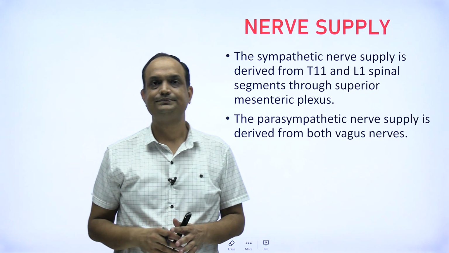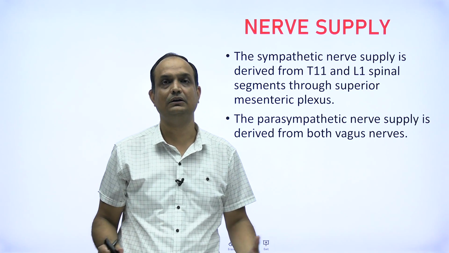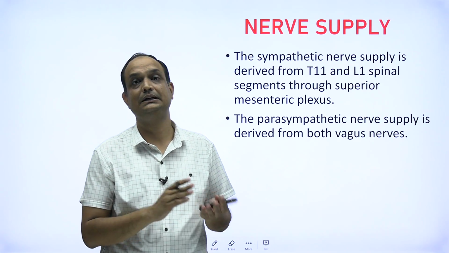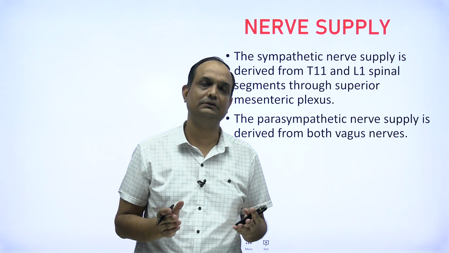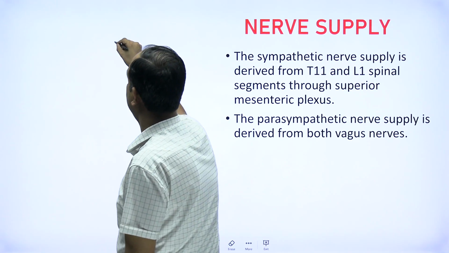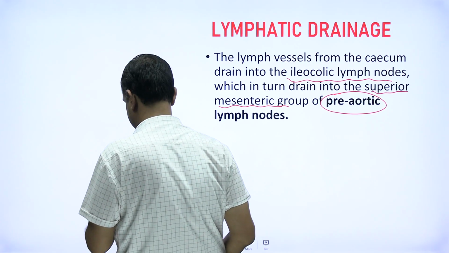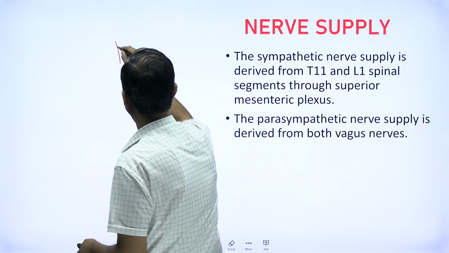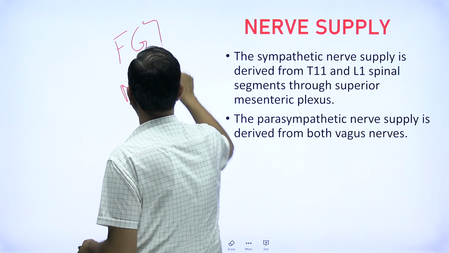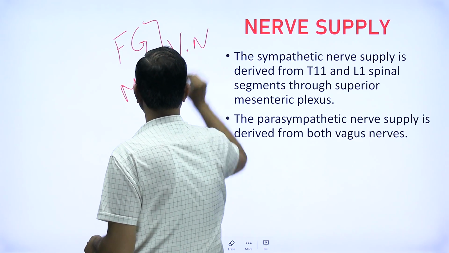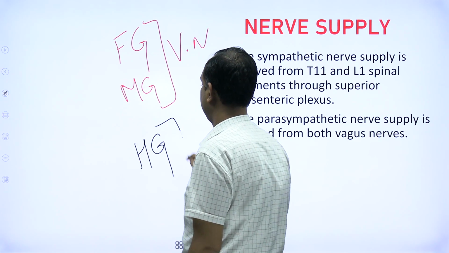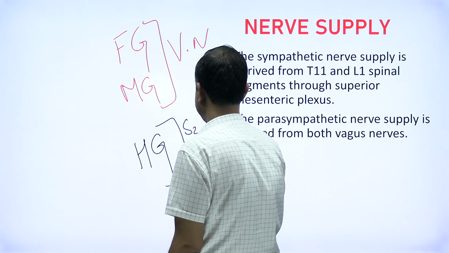Now, what is the nerve supply? Any visceral organ has the autonomic nervous system, which has two parts, sympathetic and parasympathetic. Dear students, we have seen that for the foregut and the midgut, the parasympathetic supply comes from the vagus nerve, but the parasympathetic supply of the hindgut comes from the segments S2, S3, S4.